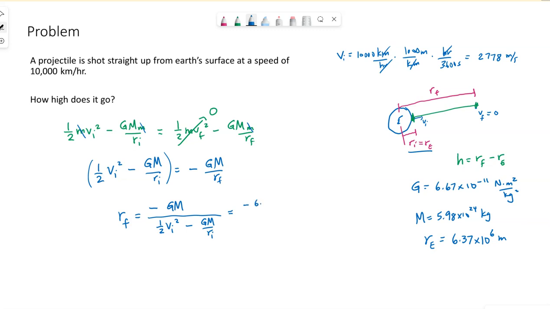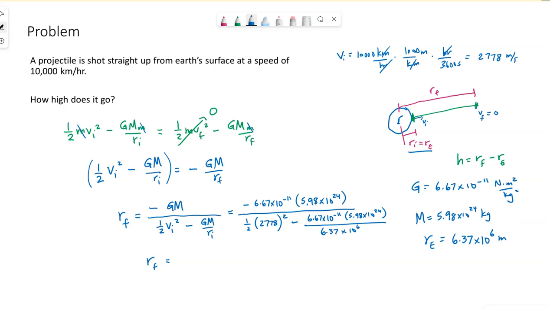So plugging in my values, we can solve for R final.